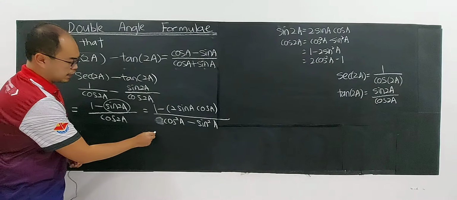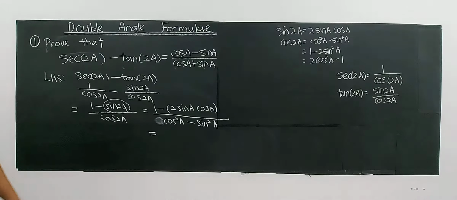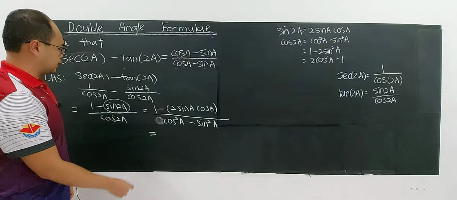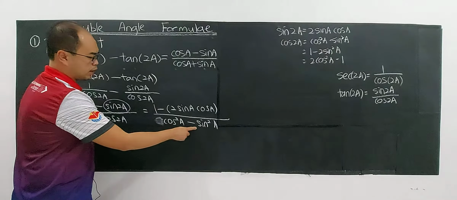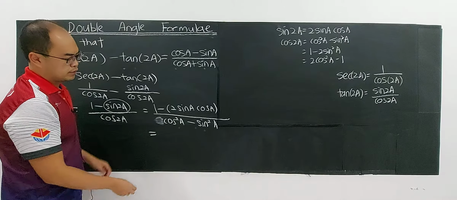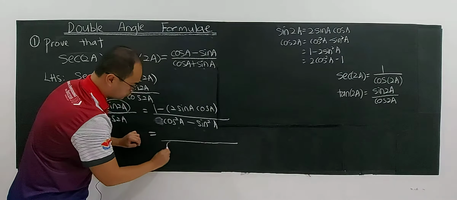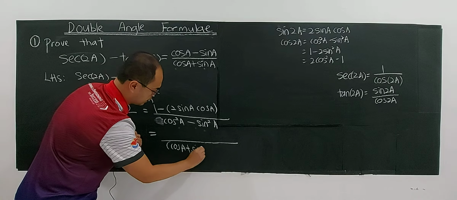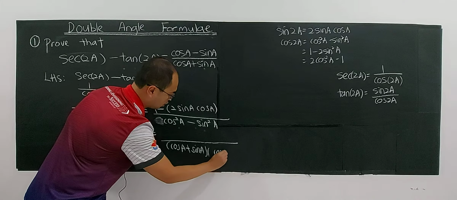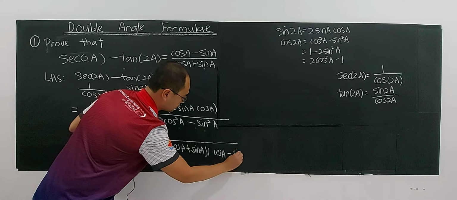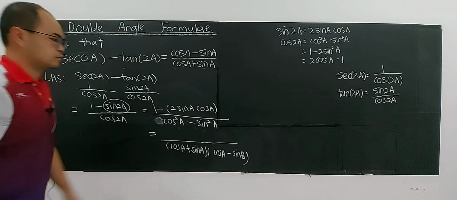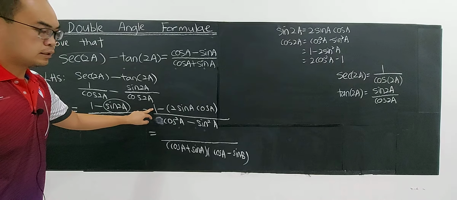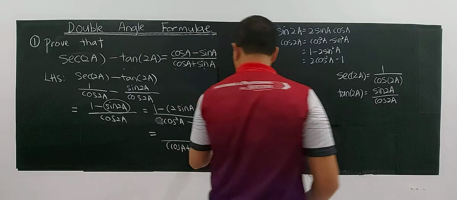So later I know that 1 minus 2 sine A cos A, this one I cannot simplify, I cannot do anything. But I know that cos square minus sine square A can be written as cos A plus sine A times cos A minus sine A, right?